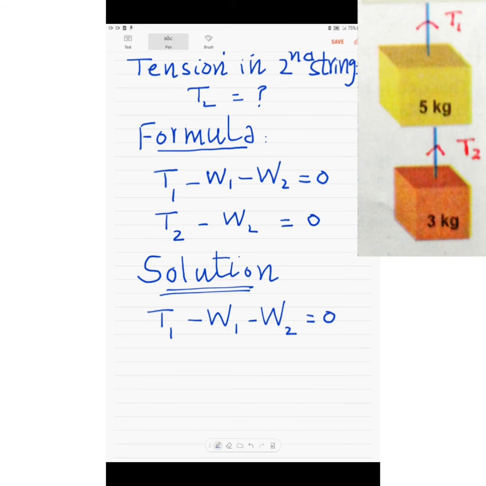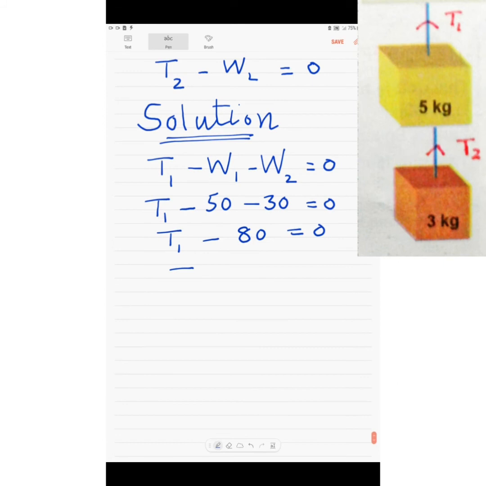So put the values, T1 minus 50 Newton minus 30 Newton is equal to 0, or T1 minus 80 Newton is equal to 0, or T1 is equal to 80 Newton. Tension in the first string is calculated.